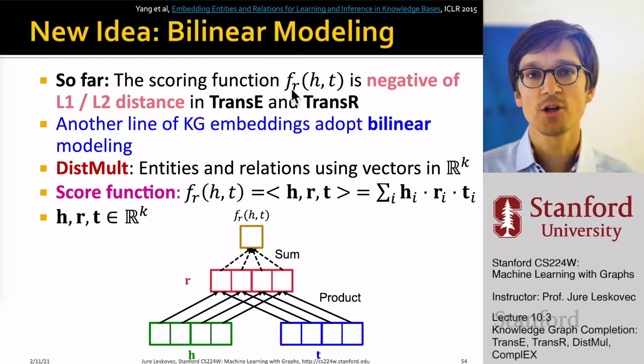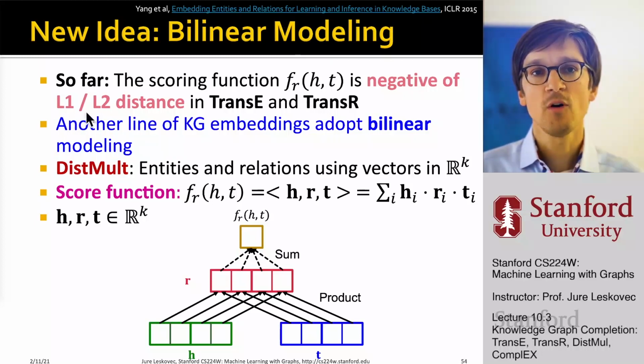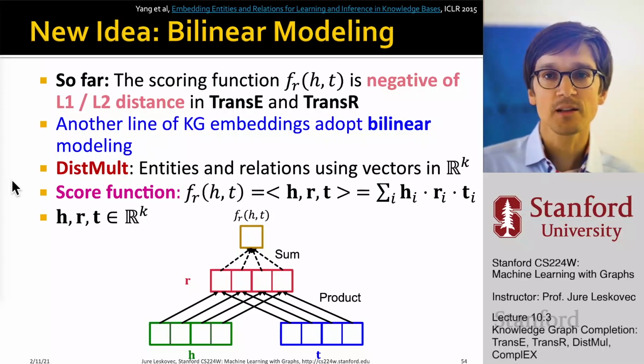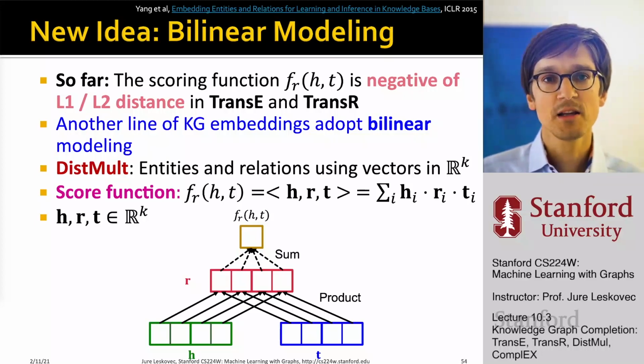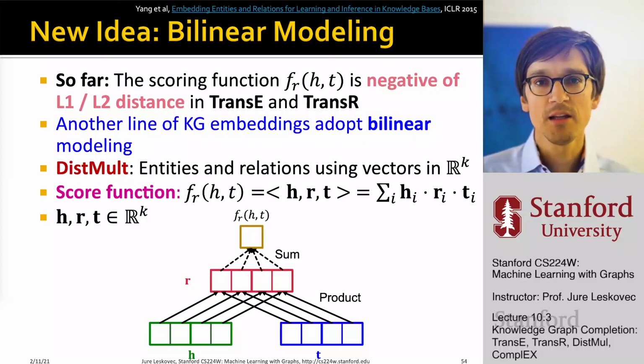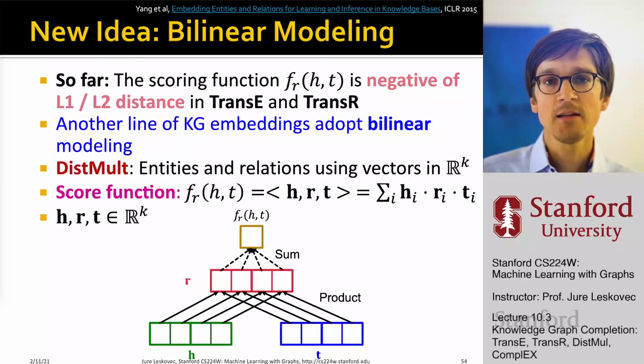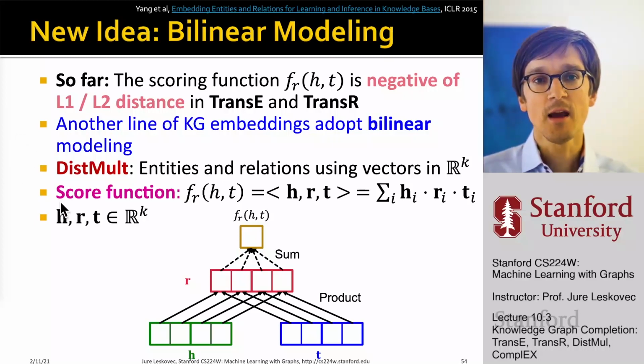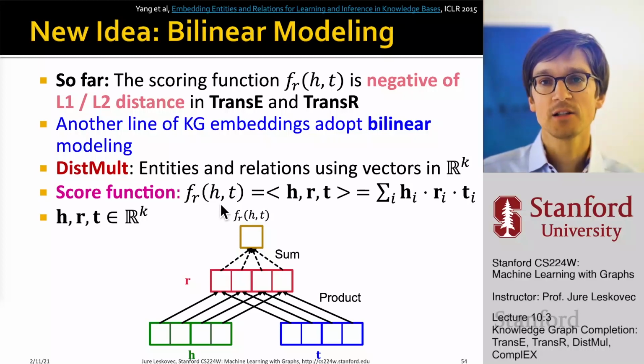What if we change this function f so that it won't be a distance anymore, but something more interesting? For example, DistMult simply says, let's embed entities and relations as vectors in the embedding space, similar to TransE, but let's use a different scoring function.